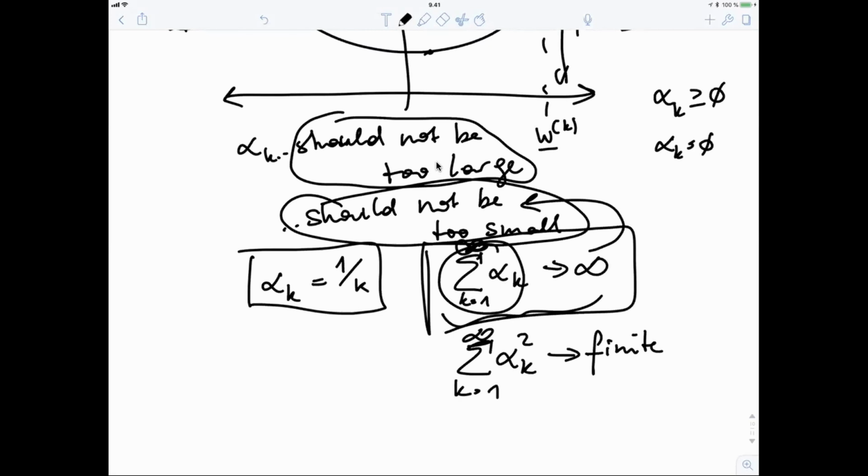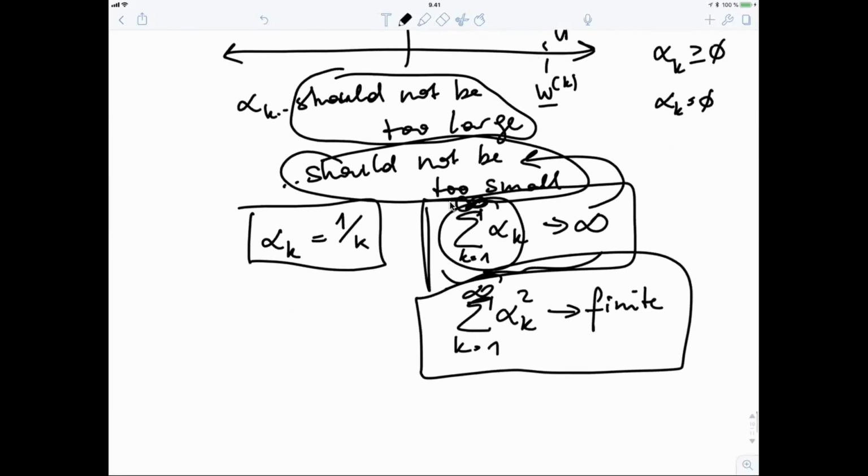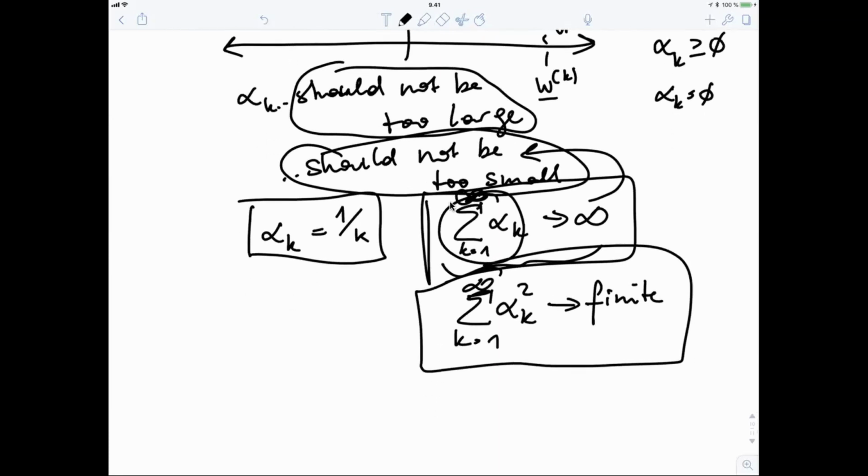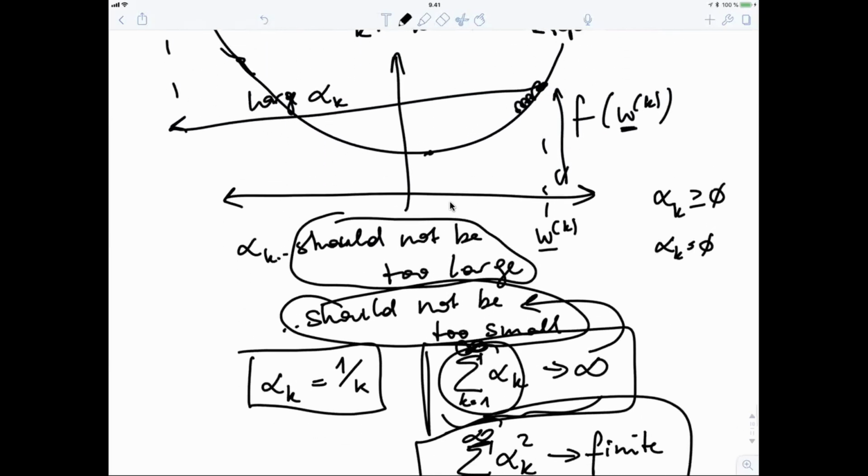Yes, so there are more advanced versions for choosing the step size. One could also think about monitoring how the function values behave.